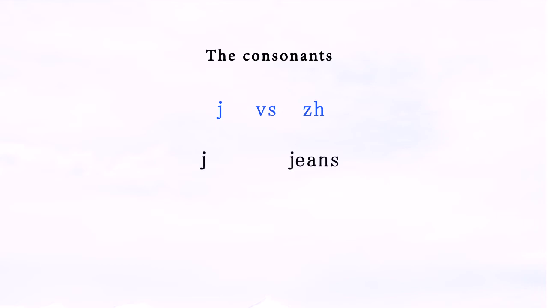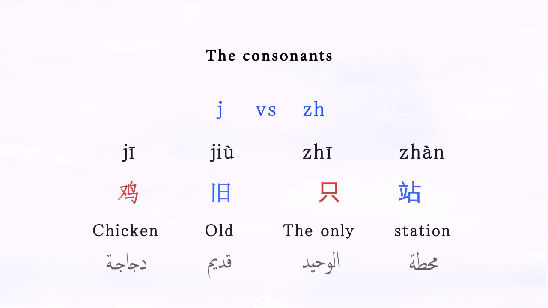The ZH is very similar to J, but it has a hard sound of J, like the J sound in jerky or usual. Ji, jiu, zhi, zhan.